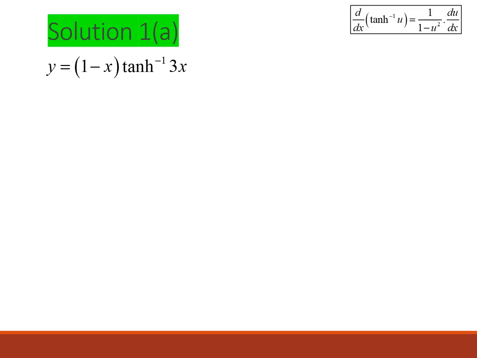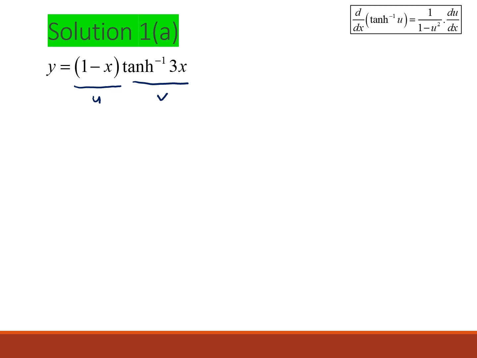Now let us try to solve question number 1a. So y, as you can see here, is a product of two functions. The first one is 1 minus x, and the second one is inverse tangent hyperbolic 3x. So the first one, we can assume as u, and the second function, we assume as v.